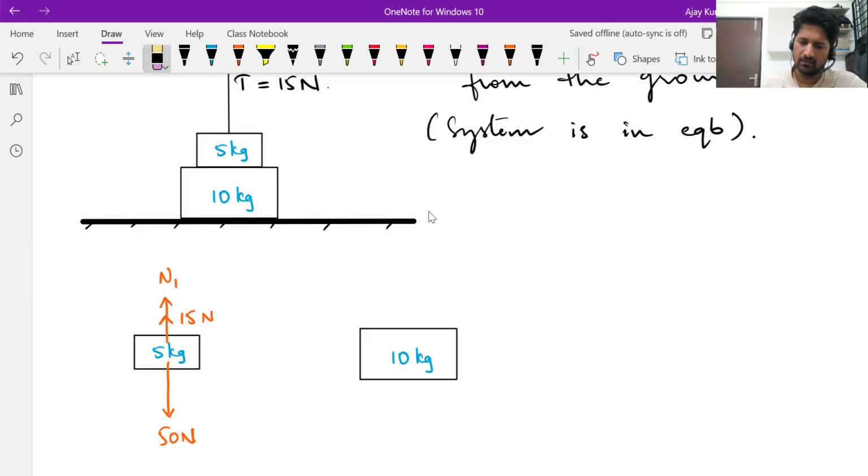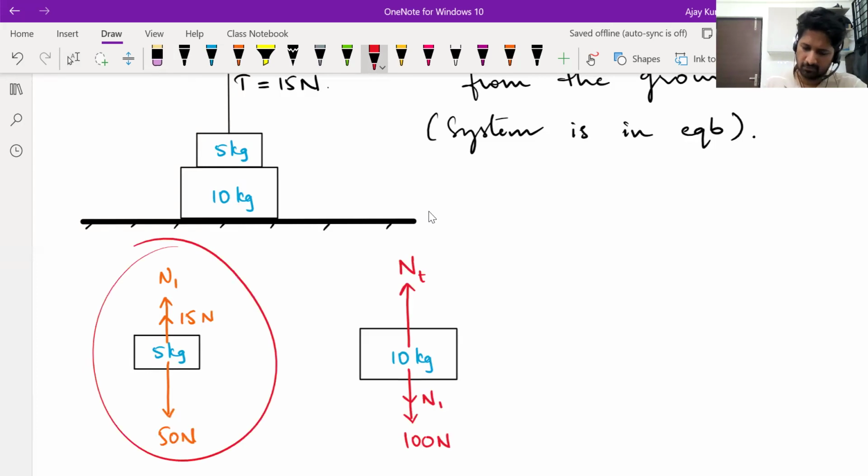Okay, and now tell me what forces act on the 10 kg block itself. Sir, the weight of the block, 100 Newton. What else? Then the normal from the table. Yes, that is what you are asked to calculate. And also the normal force from the 5 kg block. The 5 kg block will be pressing the 10 kg block down, and we called it N1.